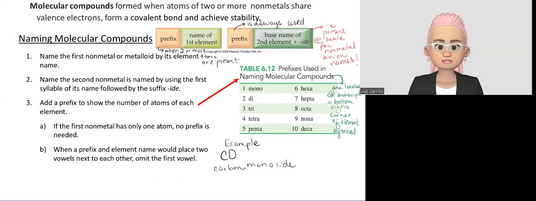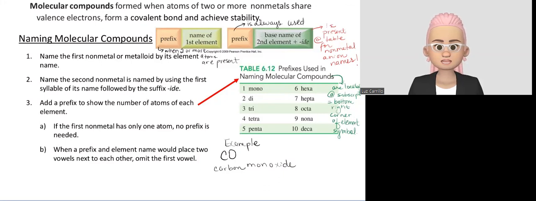So the correct way to name this molecular compound is going to be carbon monoxide. This deletion of the ending O or A, in the case of tetra, penta, hexa, and so on, is particularly important to remember when you have oxide as the second nonmetal.